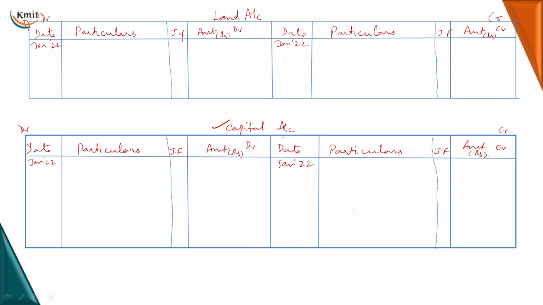Now we are going to make a credit entry, that is the 2nd Jan, by cash account, 70,000.